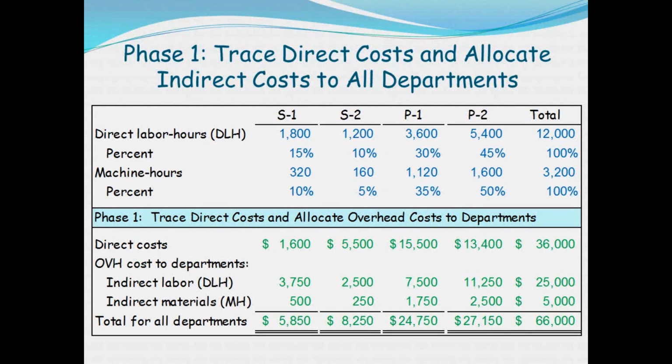You determined that the total costs associated with service department 2 was its direct costs plus its allocation of indirect costs. That was 8,250. You determined service department 1 was 5,850. Remember these two numbers now. Do you understand where these came from?